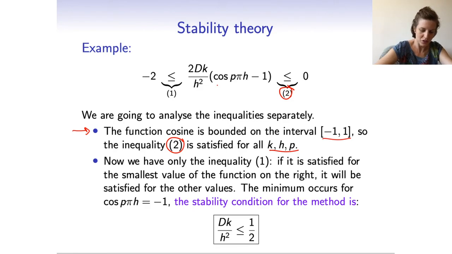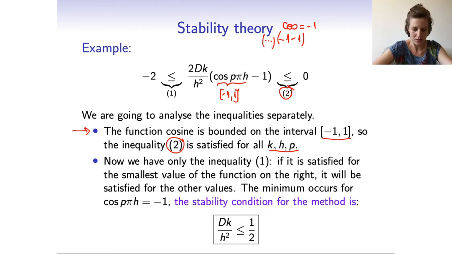If cosine is equal to minus 1, substituting here, we would have minus 1 times something that is bigger than 0.